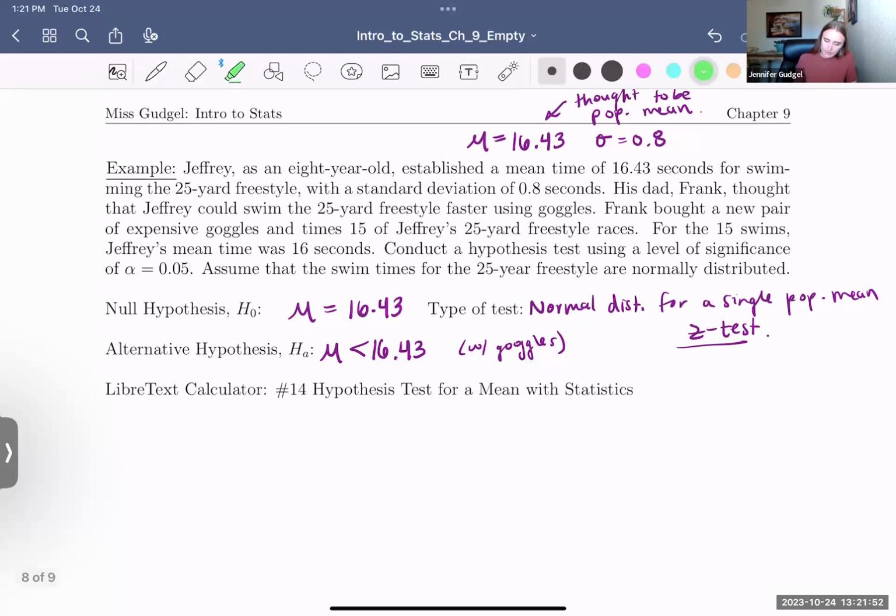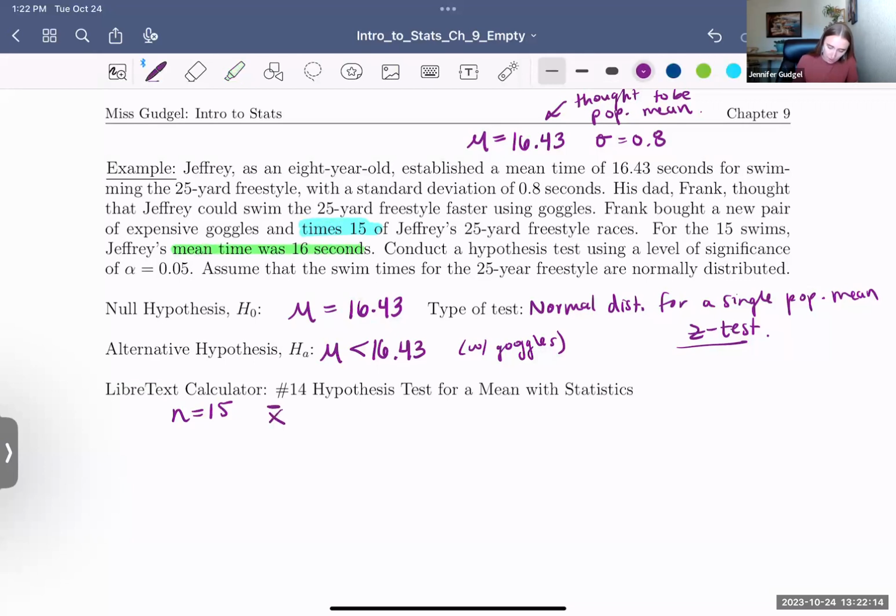All right, let's list the information that we're given as far as the sample is concerned. He buys him the goggles and he times 15 of Jeffrey's races. That's my n. For the 15 swims, we have a mean time of 16 seconds.